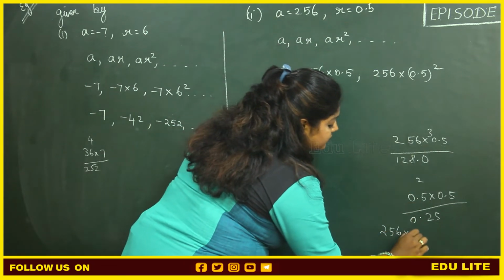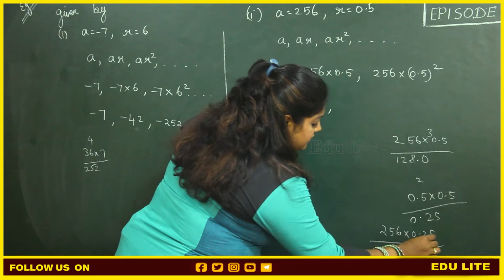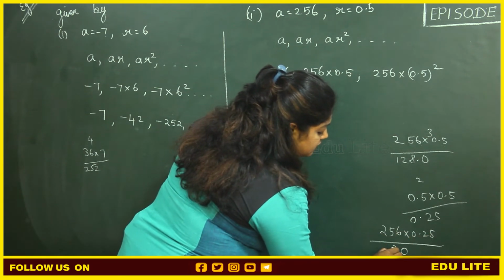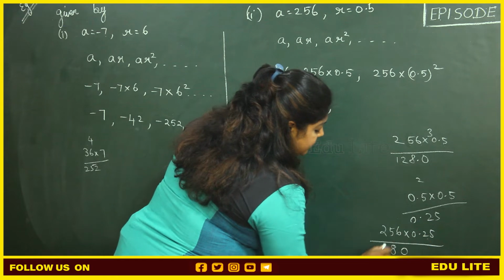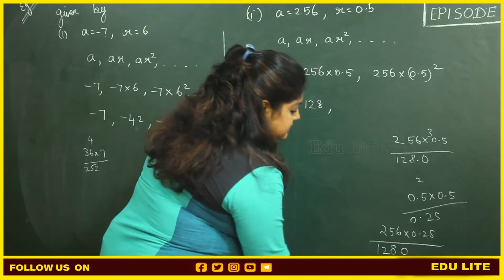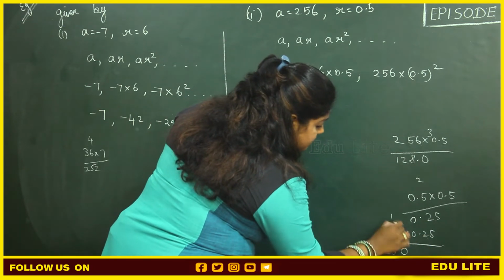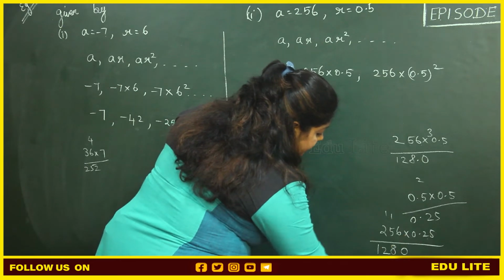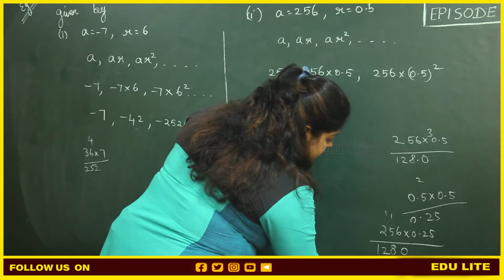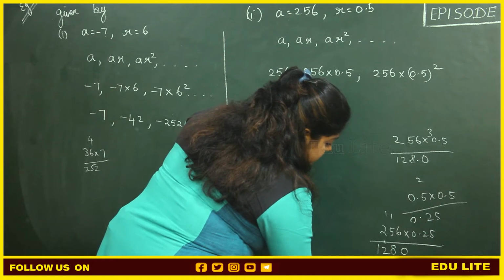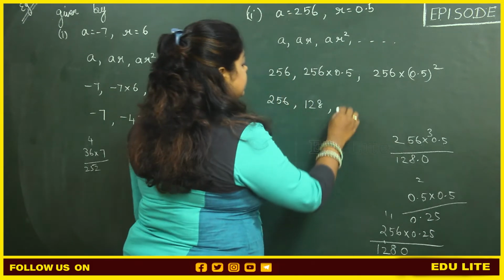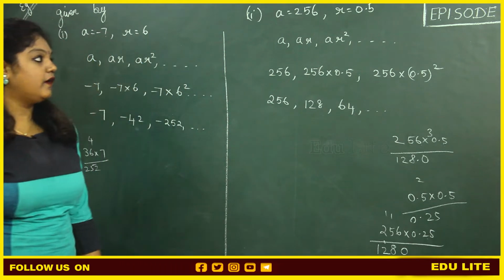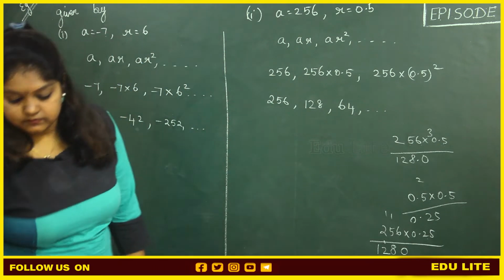That gives 64. So, that is how we form a GP when the values of A and R are given.